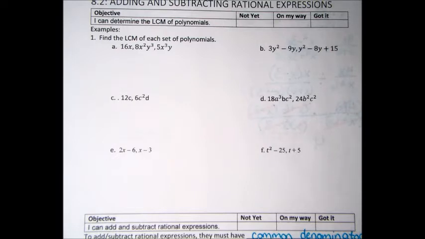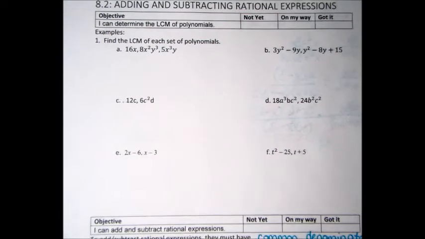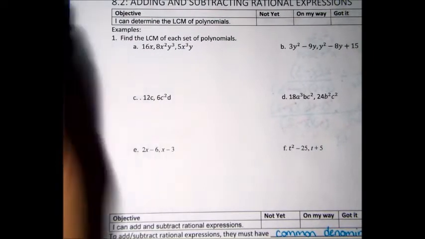Taking a look at the first one, we are first going to do a factor tree for each of those sets: 16x, 8x squared y, and 5.